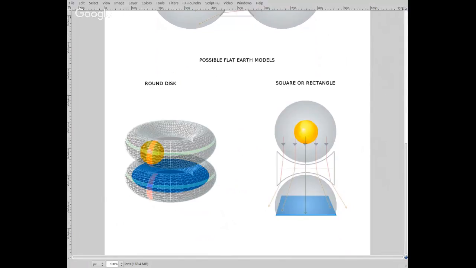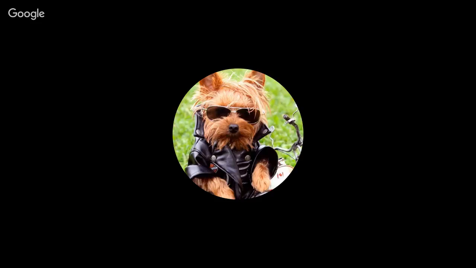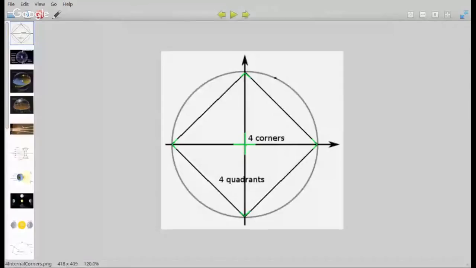So let me stop screen sharing that and go get this. I'm pretty sure I did mention this the other day. I don't know if I had this drawing, but this is how, two ways actually, you can have four corners of the earth and the circle of the earth.